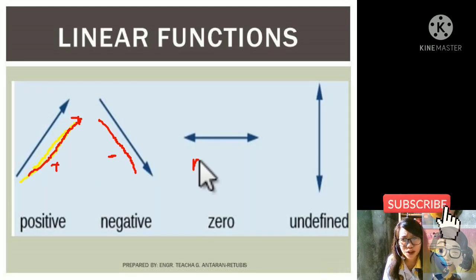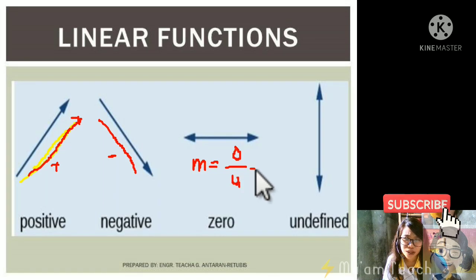If you could recall, class, diba? If the fraction is 0 divided by a number, let's say 4, what's the result? 0, right? So 0 divided by any number is still equal to 0. So again, a horizontal graph or a slope of 0 only happens if there's no change in your vertical.